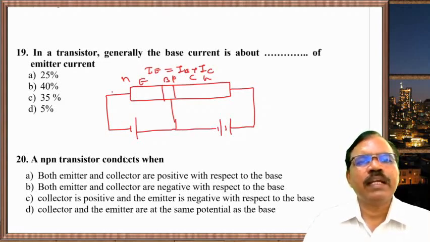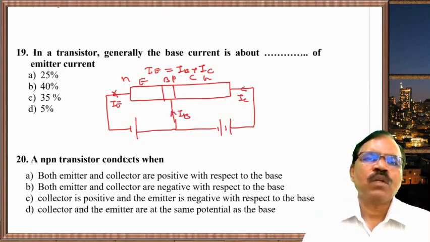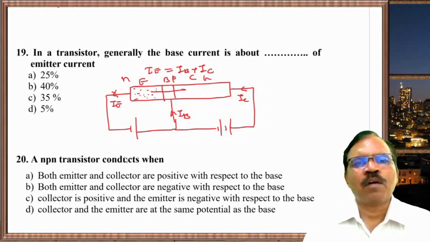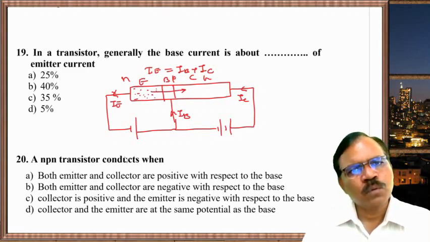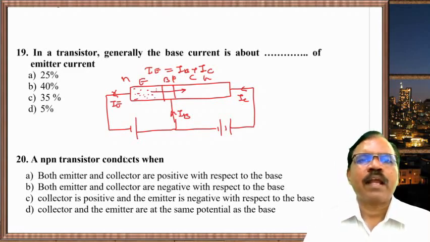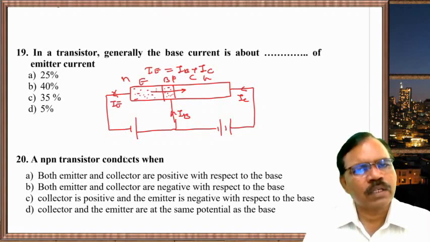So here we get IE, IB and IC. So what happens? The charge carriers move from emitter to collector, and only a few recombine with holes, giving out hole current, base current.